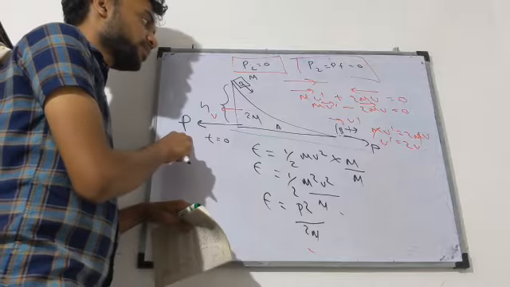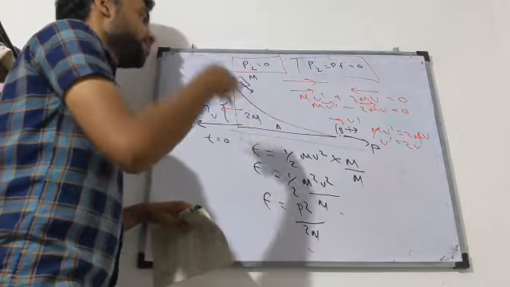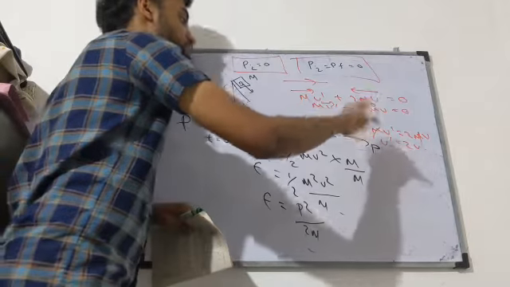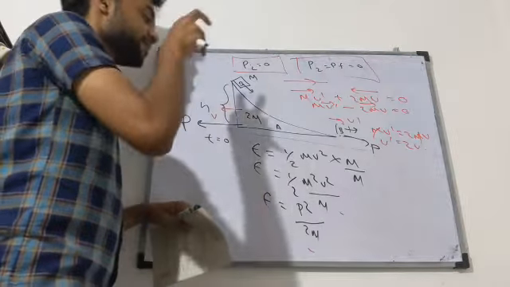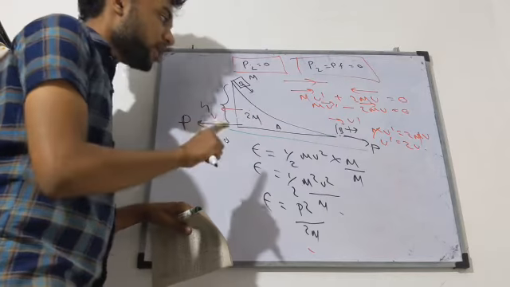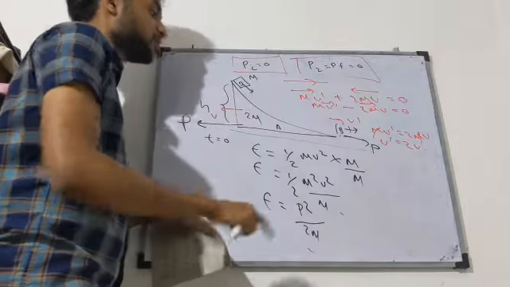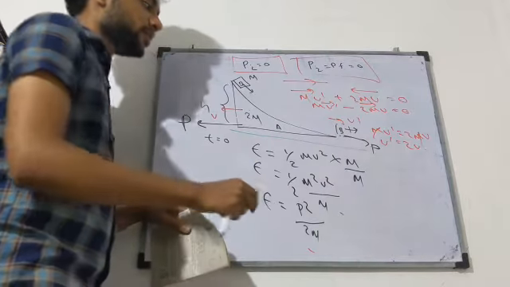That is because the sum of their linear momenta should be equal to 0. That means this direction momentum should be equal to that direction momentum, such that the momentum of the system should be equal to 0. Now I can write kinetic energies of A and B in terms of what? The momentums.